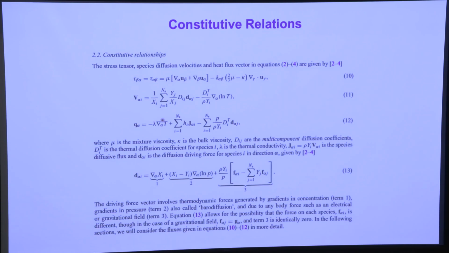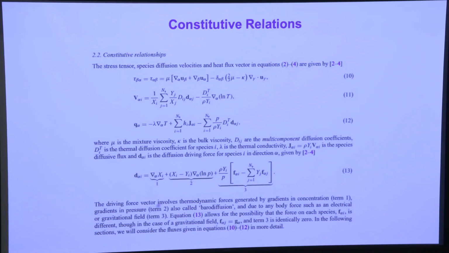Lambda through the Fourier law is the thermal conductivity, and J alpha I here is the species velocity diffusive flux, where the driving force for species I in a given direction alpha is denoted by D sub alpha of I, as given by this expression in equation 13.